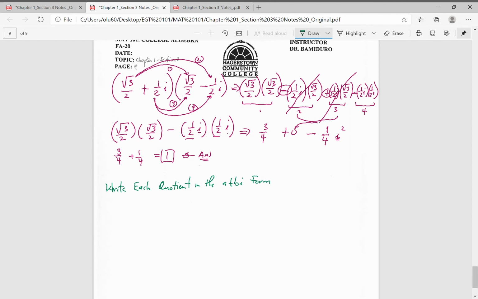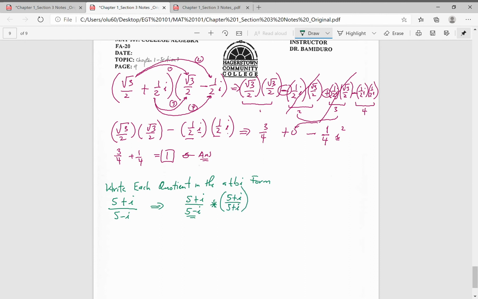So we have 5 plus i over 5 minus i. If you want to solve this, it's going to be 5 plus i over 5 minus i times the complex conjugate of the denominator, which is 5 plus i over 5 plus i.